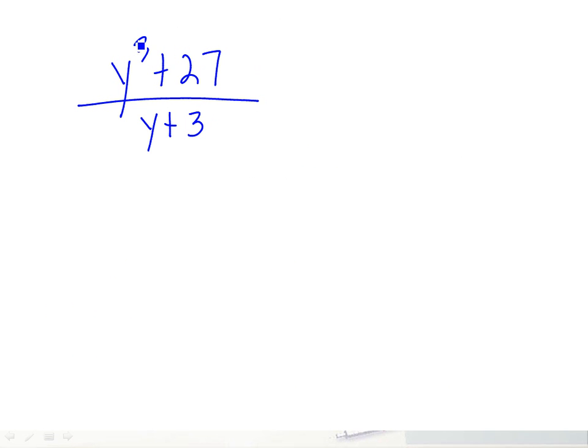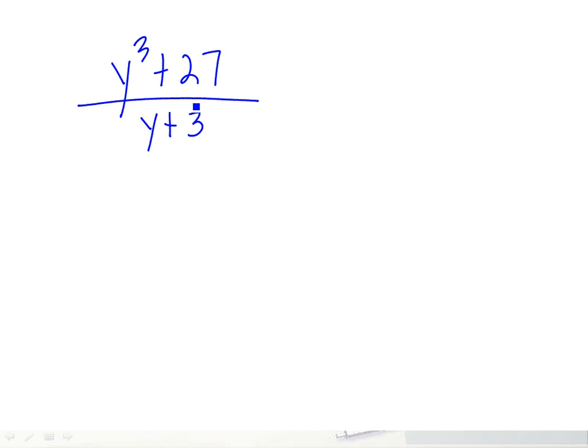In the past, we would have factored y cubed plus 27, because what type of factoring problem is that? It is a sum of cubes. So you only need that formula to figure out what the factors are for y cubed plus 27. But we're not going to do this this time. I'm going to show you how to use long division on this.